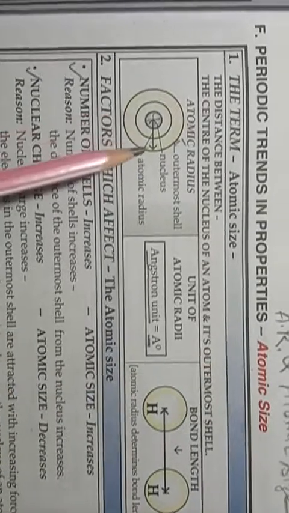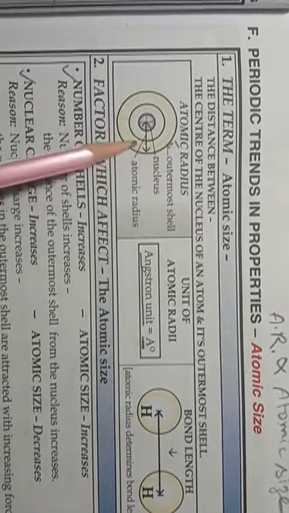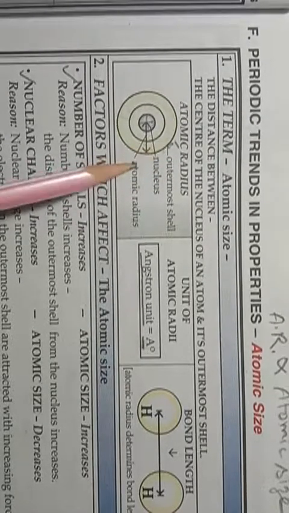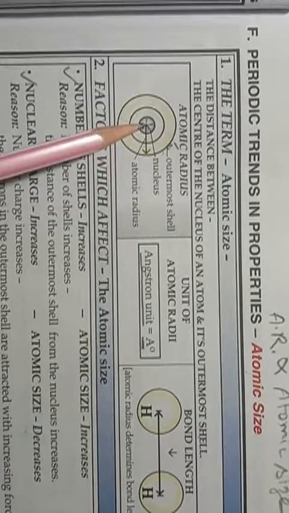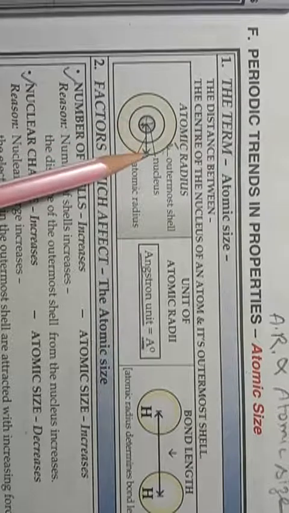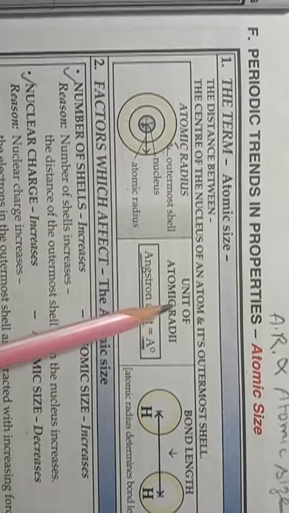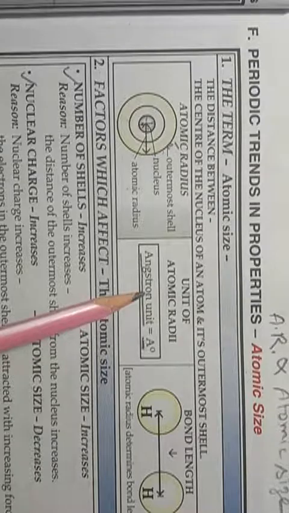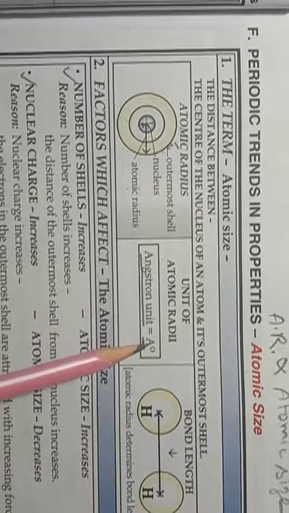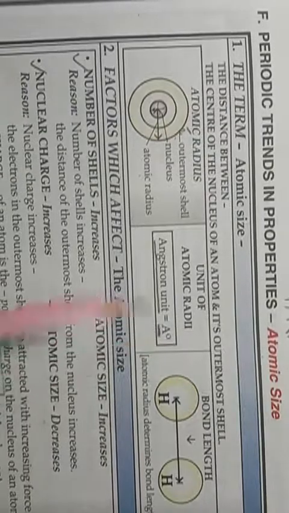Okay children, so here it is given atomic radius. This is the outermost shell, center of the nucleus, and the distance from center of the nucleus to the outermost shell is the atomic radius. Okay children, unit of atomic radius, it is measured in angstrom unit, and represented by A naught.